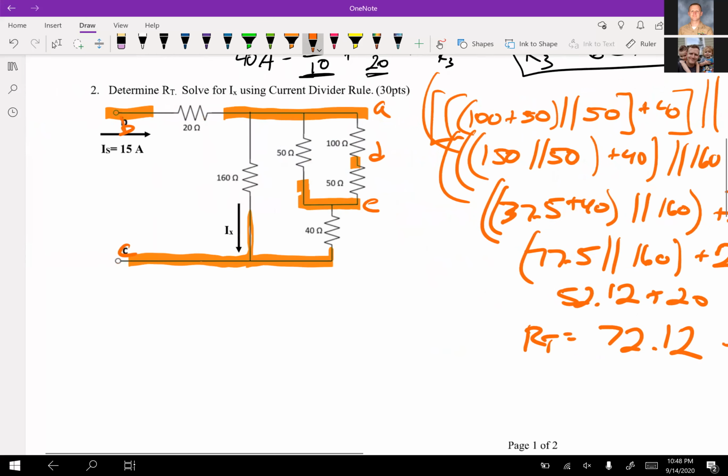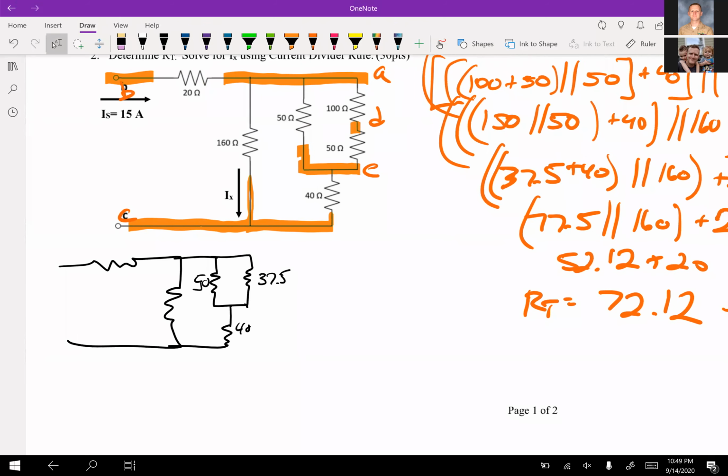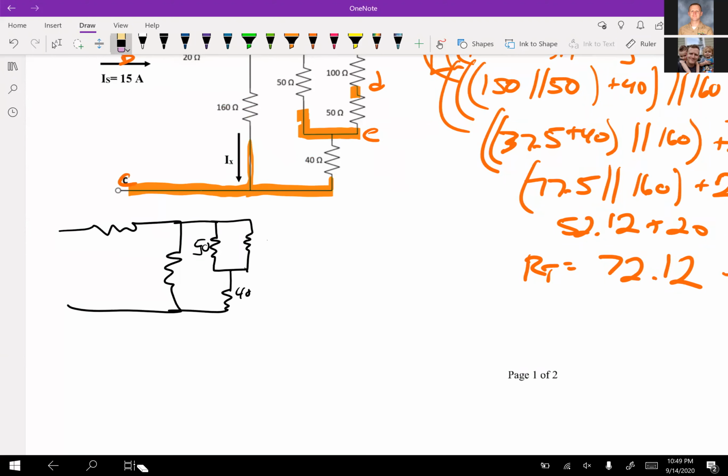I wanted to redraw these circuits along the way. So I'll do it in black. Here's that first combination. And here's the 37.5. There's the 40. There's the 50. Here's the 40. There we go, 150.